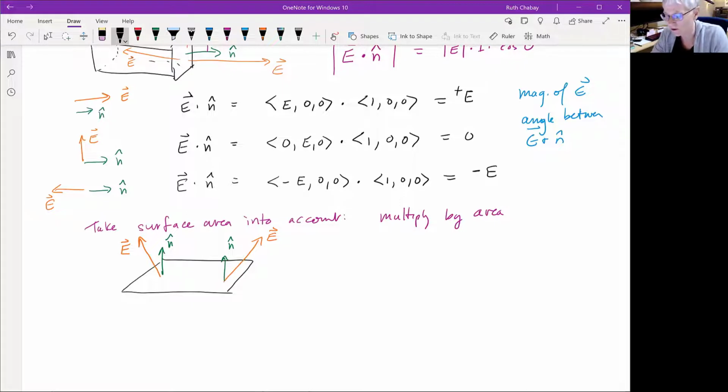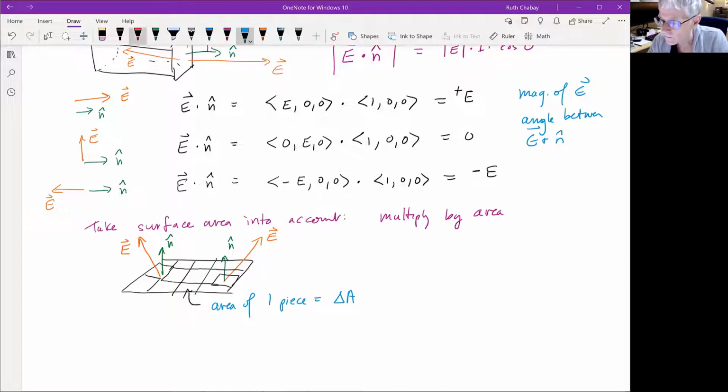So of course, if the electric field isn't uniform over a surface, we're going to have to break this surface into little pieces and make these measurements for every little piece, and add them all up. And so we're going to call the area of a piece delta A, because it's a small piece of an area.